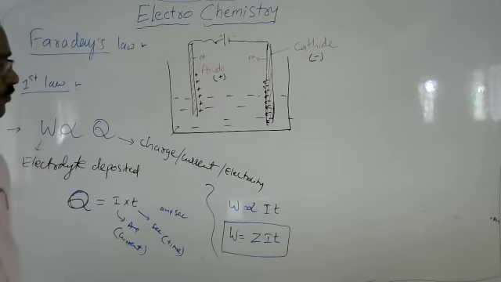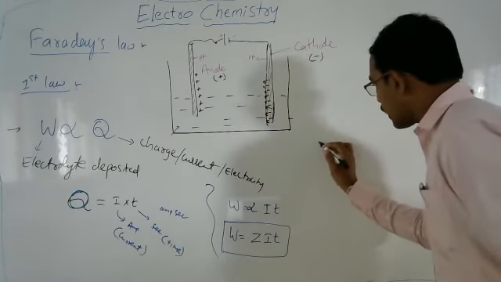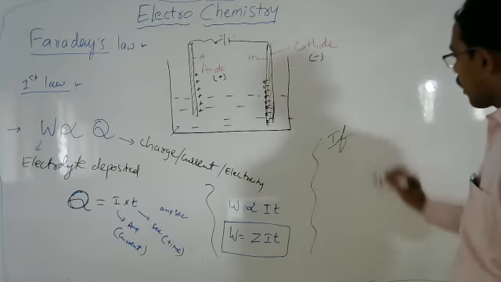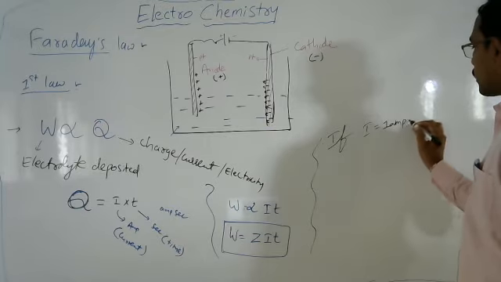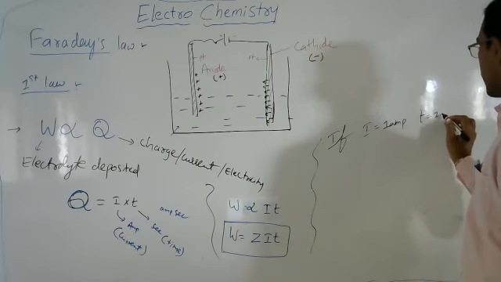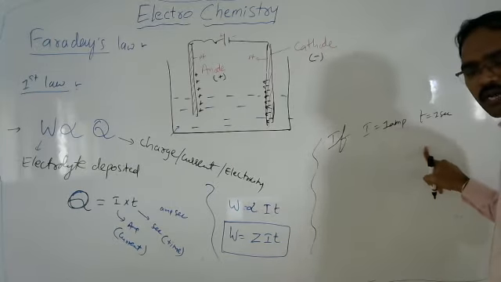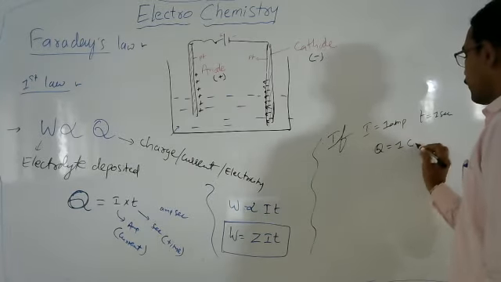How to calculate this Z? Say I equals 1 ampere, T equals 1 second. 1 ampere for 1 second means Q is 1 coulomb.